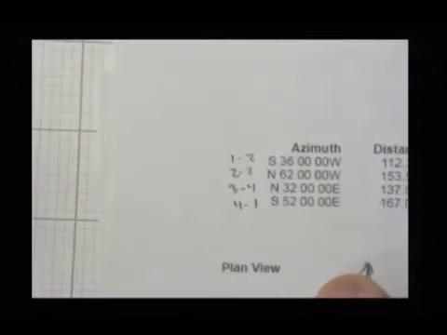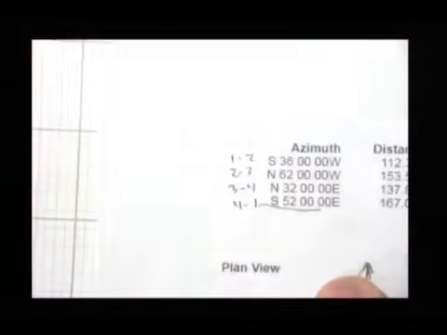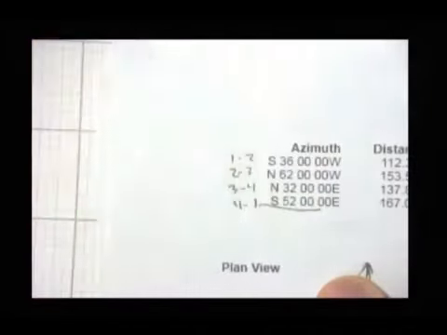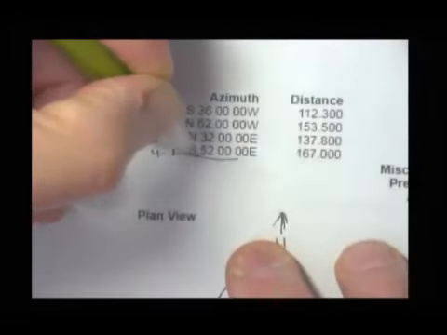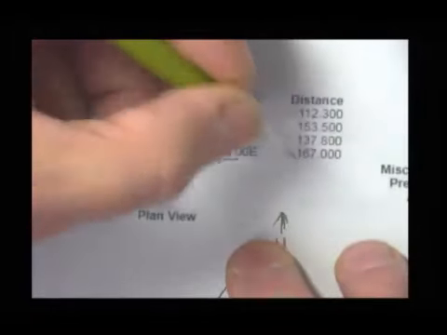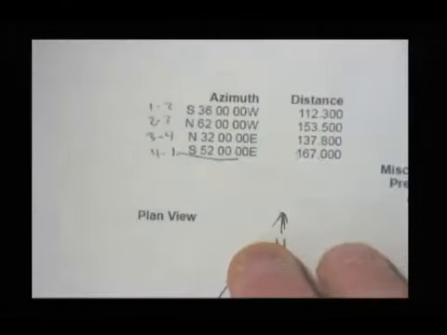So I'm going to draw this bearing first. You could start wherever you want on here. I just wanted to find which corner was the northernmost point, so I can make that my starting point with my data. So I need to go south 52 degrees east, 167 feet to get to station 1.